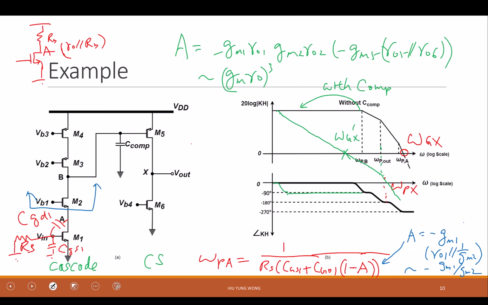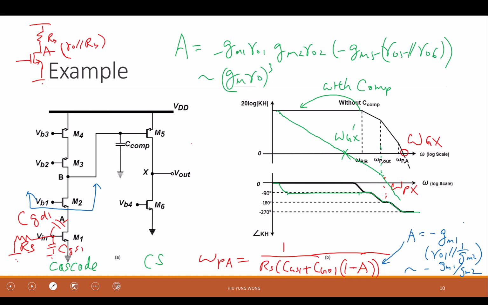No, right? Because there's the first pole. Until later, I see the second pole. And then third pole, right? And now my phase crossover frequency is here, gain crossover frequency here, then it is stable.